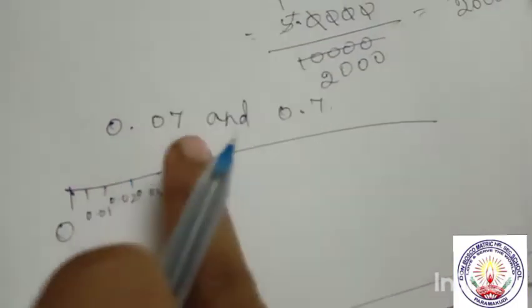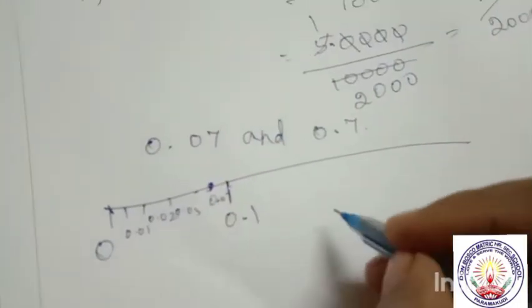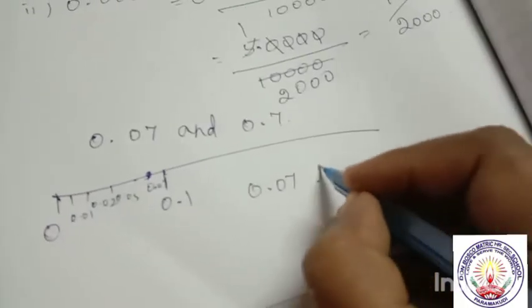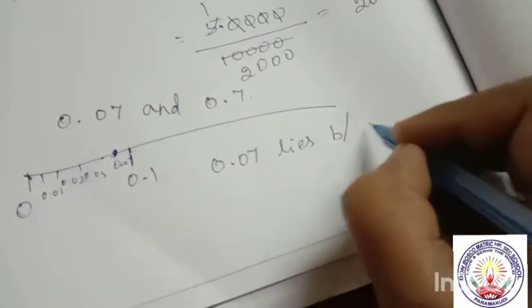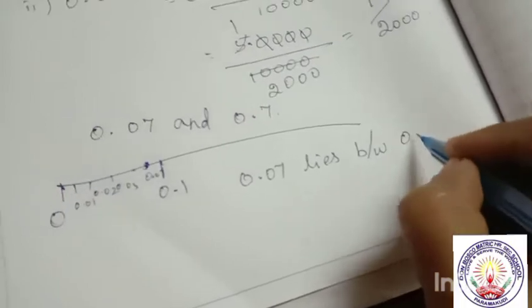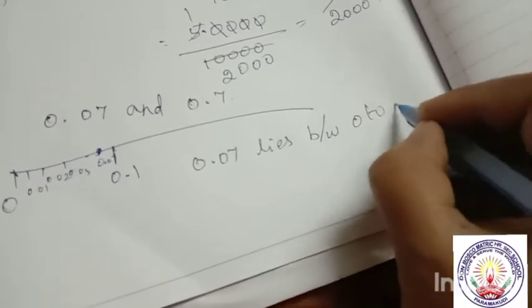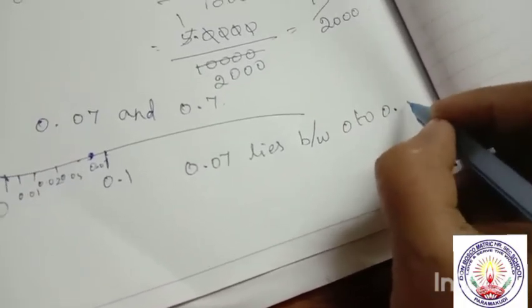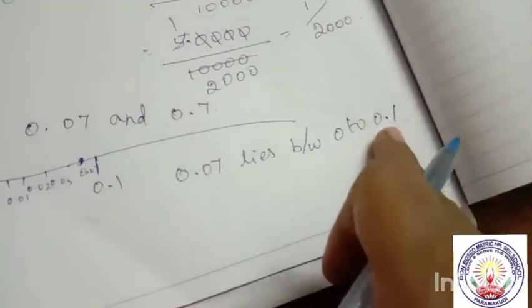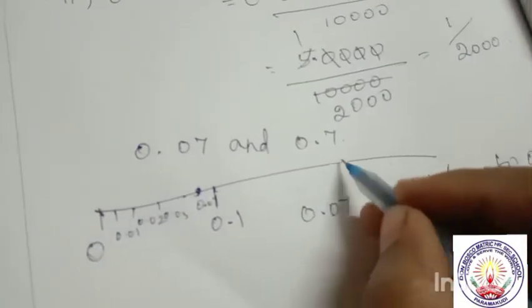So 0.07 lies between 0 and 0.1. Next 0.7.